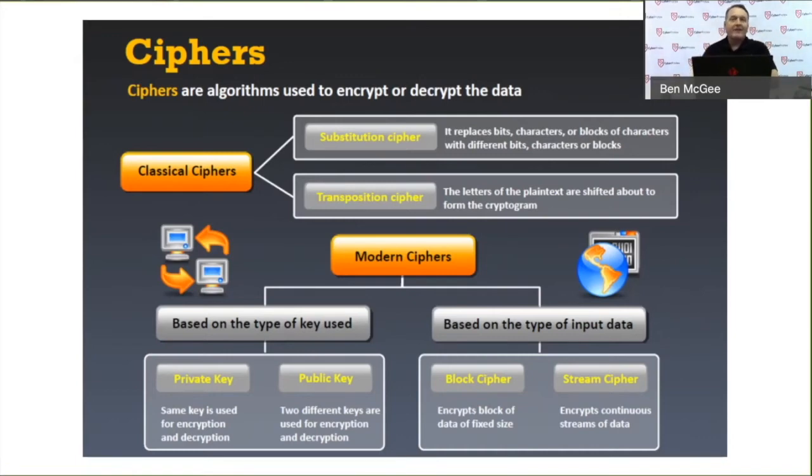Whereas with a block cipher, I may take an 8-bit block or a byte and chunk it so just that block gets encrypted. If I have a 64-bit block, I might break that up into 8-bit blocks, or 8 bytes altogether, and encrypt each block, as opposed to a stream cipher where I'm encrypting each of those 64 bits along the way.